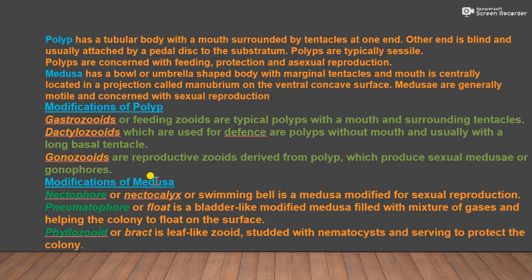The nectophore, also called nectocalyx or swimming bell, is a medusa modified for swimming. The pneumatophore, or float, is a bladder-like modified medusa filled with a mixture of gases, helping the colony to float on the surface.